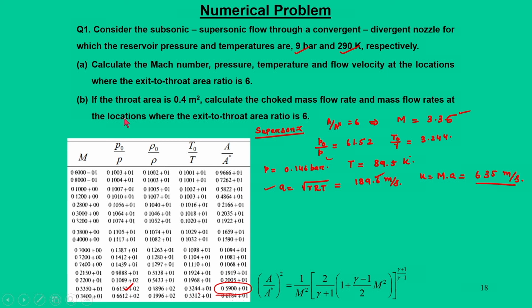Now, the next part of this question: if the throat area is 0.4 meter square, calculate the choked mass flow rate. So, choked mass flow rate, that can be calculated. When you say choked flow rate, that is the choked condition, we can say A star would be square root of gamma R T star, and m dot is equal to rho star A star U star.